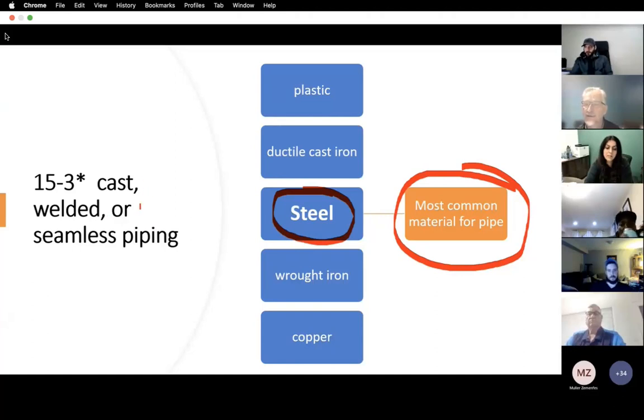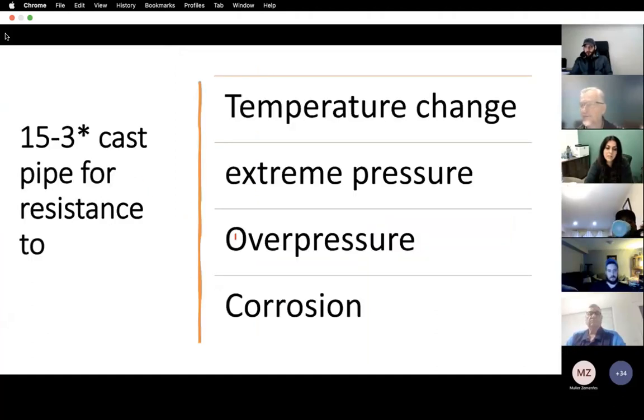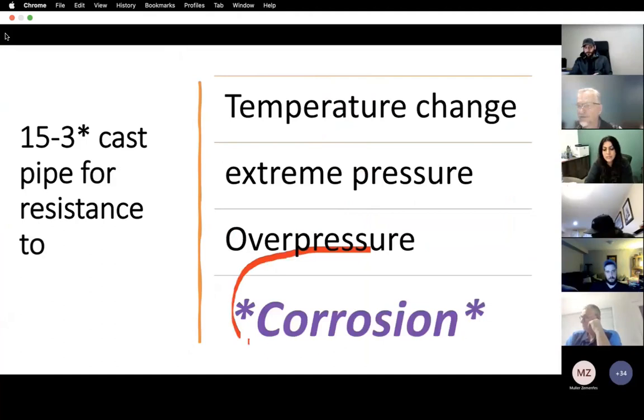Might be cast or welded or seamless pipe, but most often we see steel. Cast pipe would be for resistance to corrosion. Cast iron is cheap, not good for temperature, brittle, not good for extreme pressure, not good for lots of pressure, but it's good for corrosion.